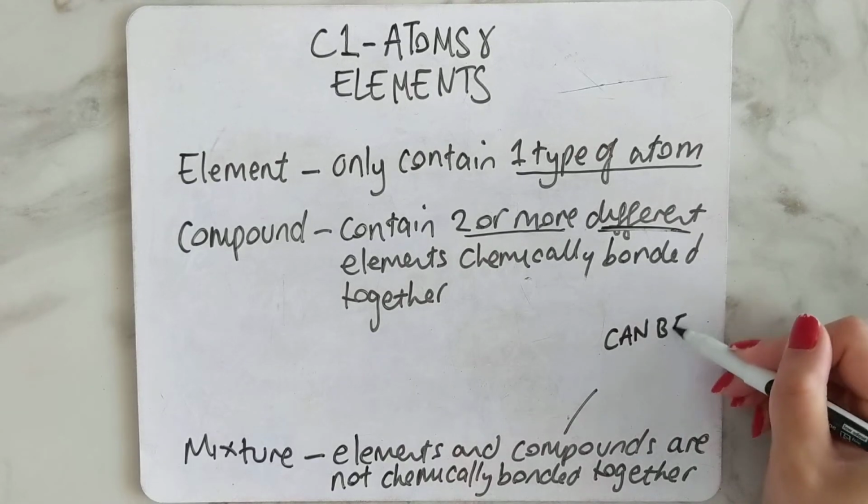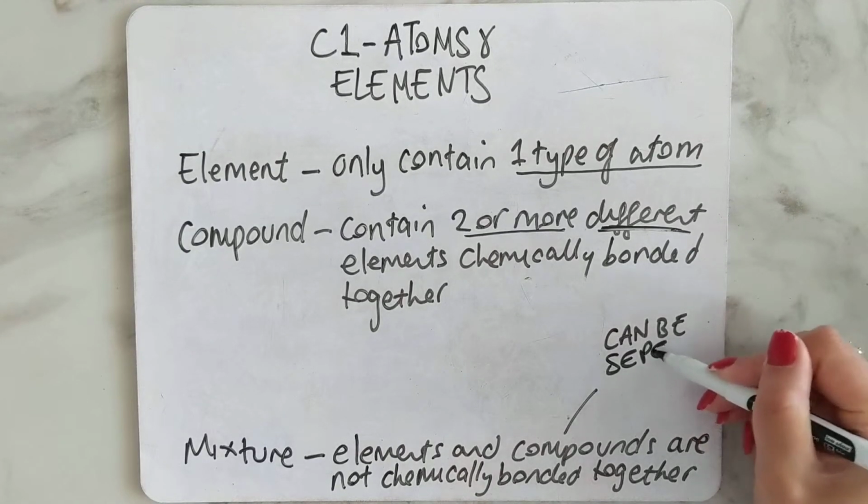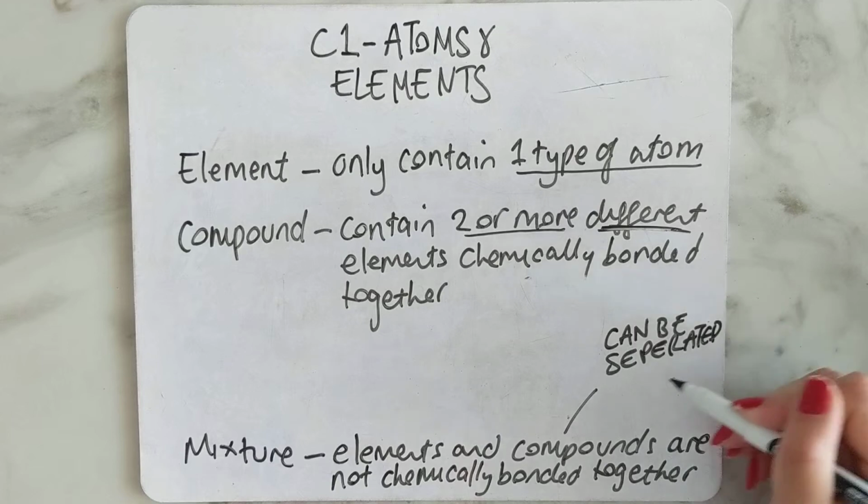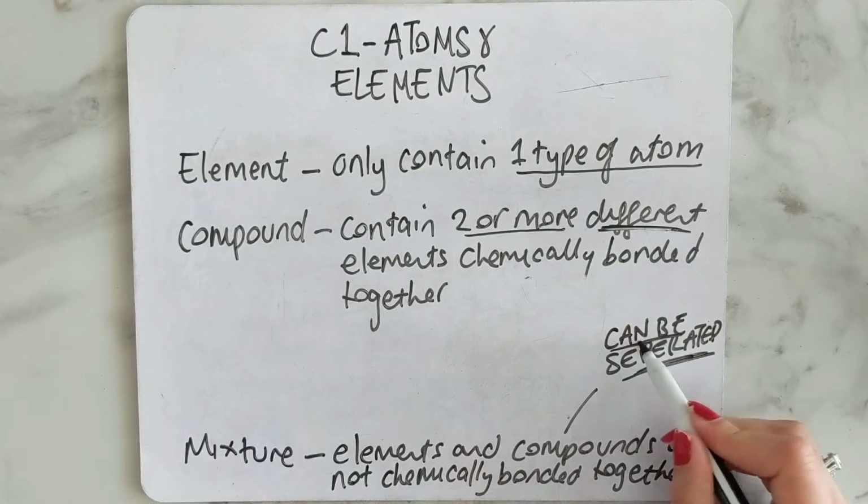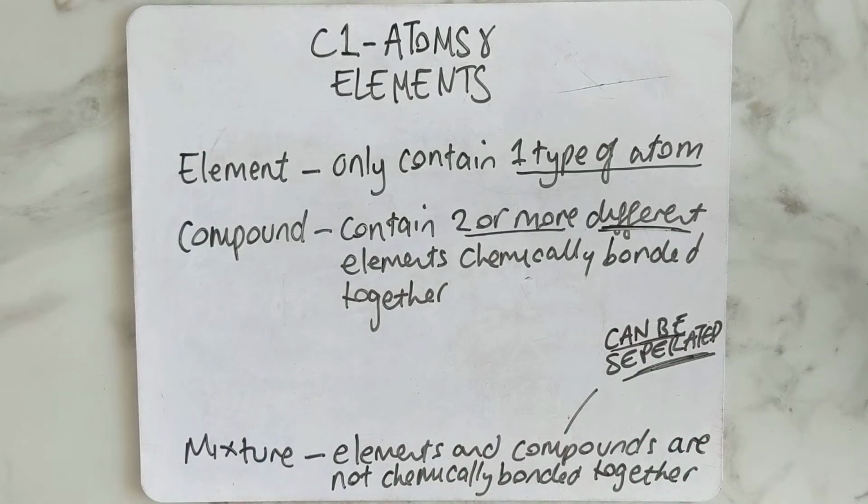Can be separated. That's your key point here. Mixtures can be separated. So think of it as like a bag of M&Ms. You get all those different colours in the bag of M&Ms, don't you? You can actually pick out those different colours and separate them out into the different M&Ms, the red ones, the blue ones, the green ones, and that's just like a mixture. It contains all these elements and compounds, but they're not chemically bonded together, so you can actually separate them out.